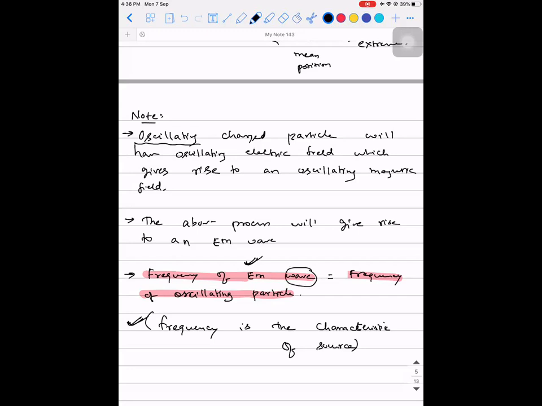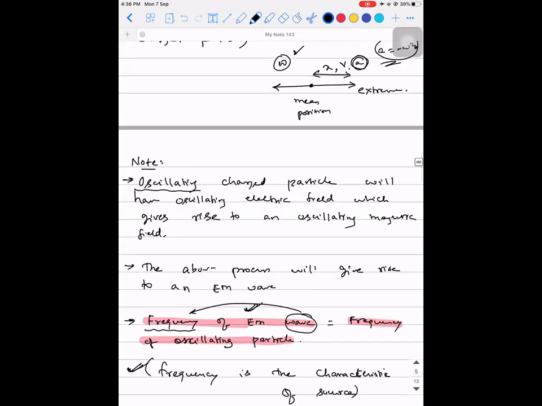So an EM wave will have a frequency associated with it. If you want to calculate the frequency of that electromagnetic wave, it will exactly have the same value as that of the oscillating charged particle which is producing that electromagnetic wave. Any particle that is oscillating will have a frequency associated with it. For example, in 1 second it is going like this and stopping here, means its frequency is 1 unit.